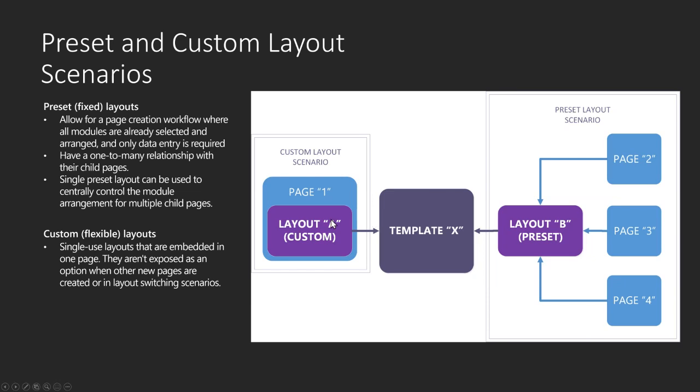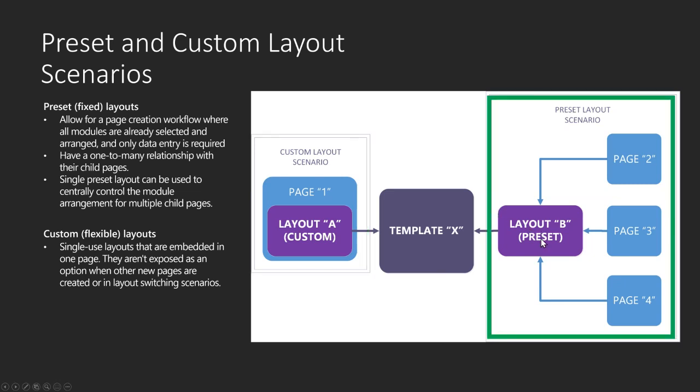Now these purple layout objects look identical from a data model standpoint. It's just where they live. This one lives inside of a page document, and this one lives outside of a page document and is just referenced by other pages. So you have these two different scopes that a layout can live in.